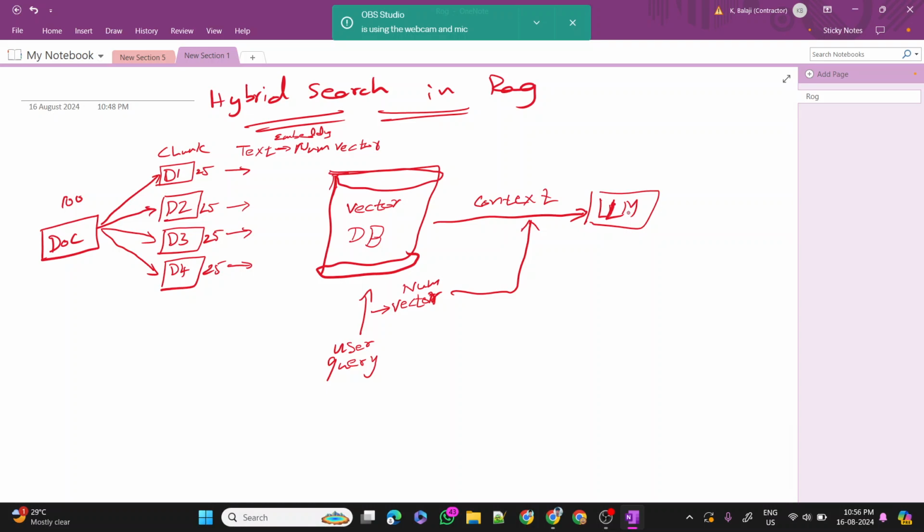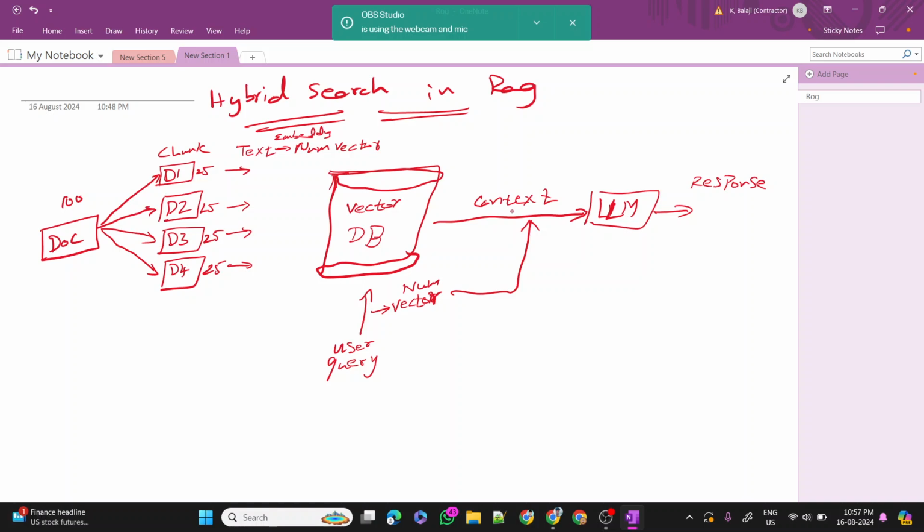After providing these two to the LLM, it will provide a response to the end user, because this context just contains the words similar to the user query.